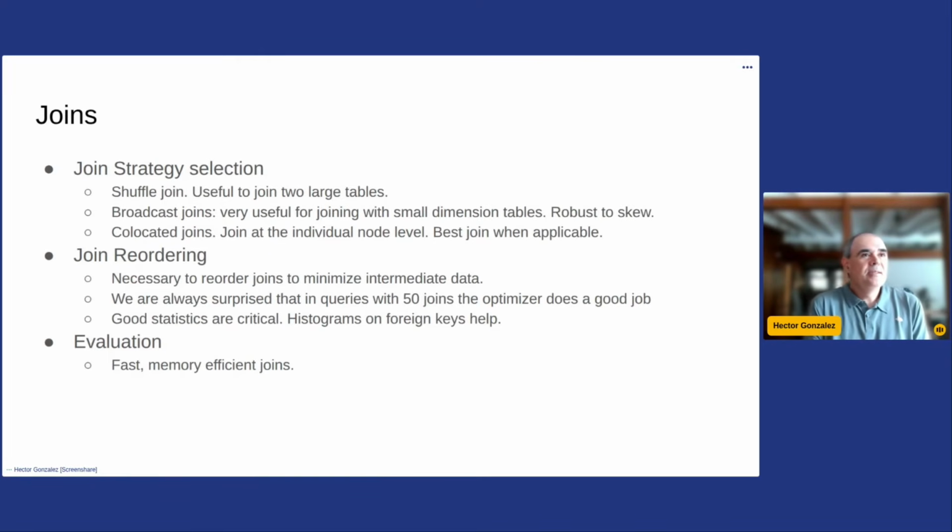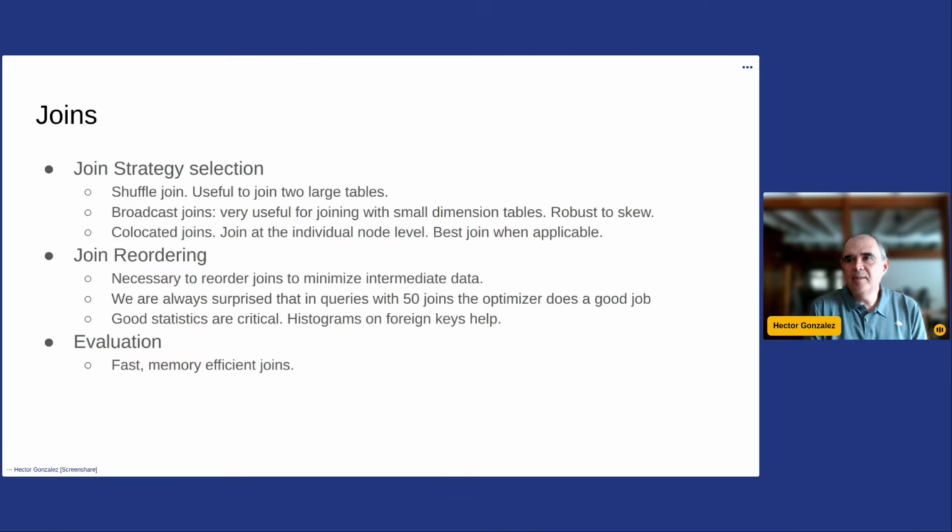And joins. So there is a good collection of join strategies in StarRocks. Shuffle join is like the default. If nothing else works, we can always do shuffle join. But we prefer to do broadcast join whenever possible. Broadcast join is helpful, for example, in doing dimension to fact table joins if the dimension table is not too large.